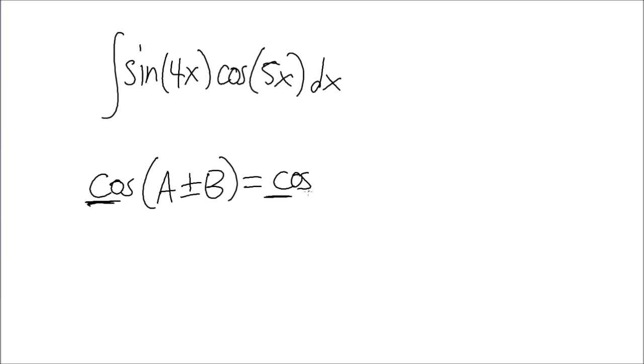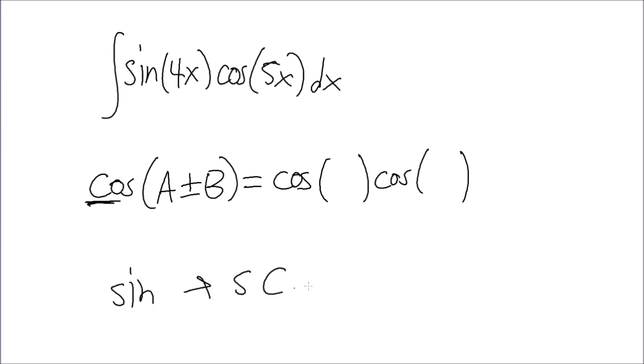And the way it works is it's cosine, cosine, sine, sine. So it's like a twin now, right? For sine, it was sine, cosine, cosine, sine, so it was like alternating. For cosine, it's like a twin here.